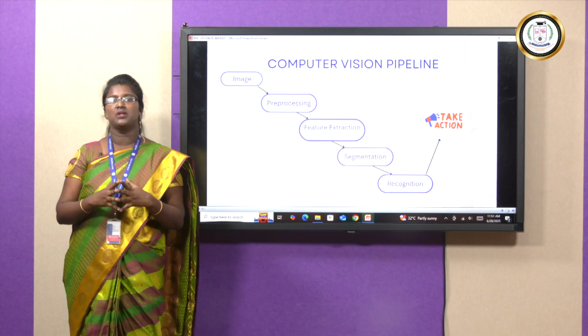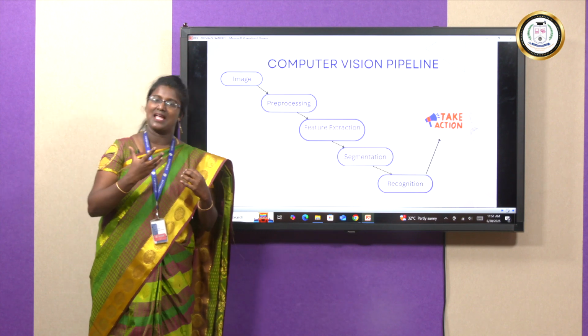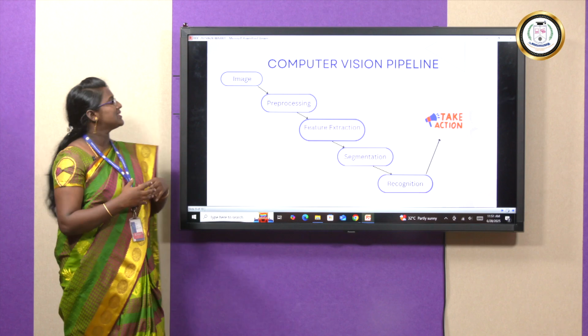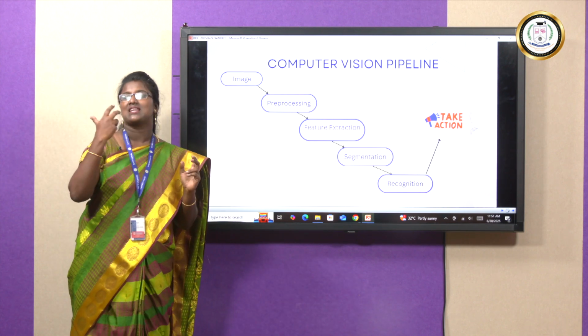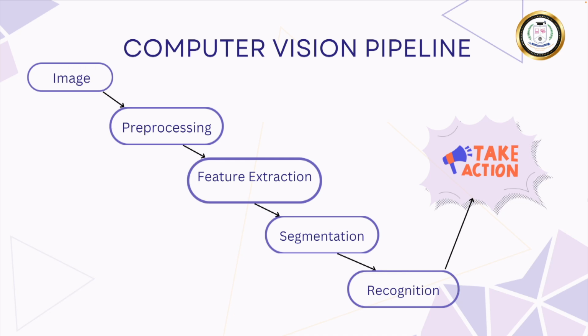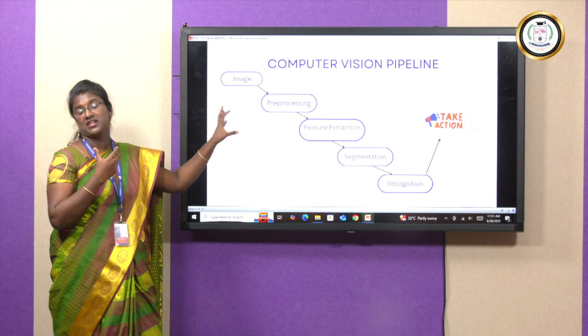Let's take, for example, the face unlock mechanism in your mobile phone. It starts with an image, when you pick up your phone and the camera captures your face. Then it does pre-processing to enhance the image and make sure the image quality is good.